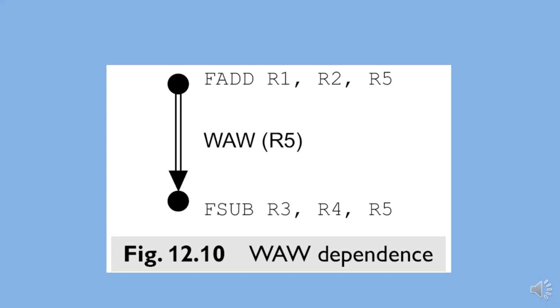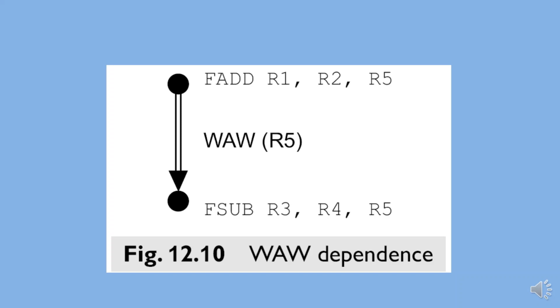With additional registers available for use as these instructions execute, we have a simple technique to remove this output dependence. Let F sub write its output value to a register other than R5, and let us call that other register X. Then instructions which use the value generated by F sub will refer to X, while instructions which use the value generated by F add will continue to refer to R5.